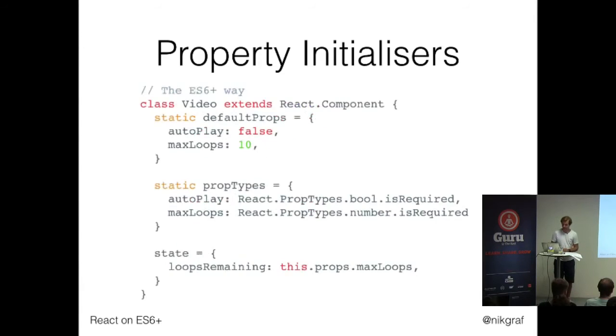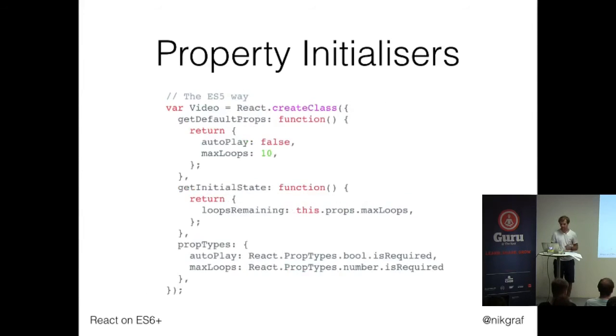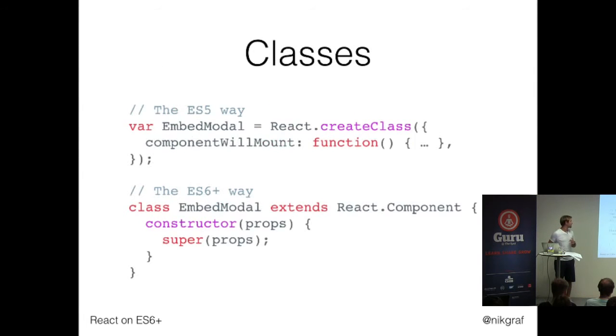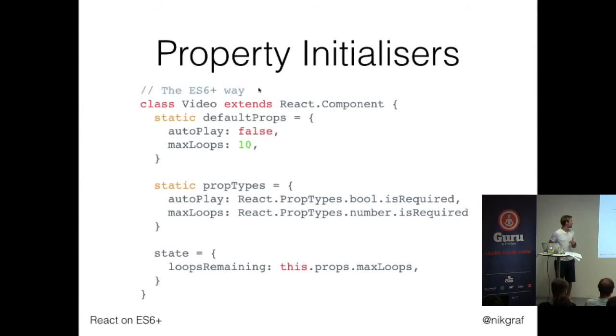And with ECMAScript 6, first of all, it becomes less code. And second of all, with property initializers, you can put properties directly onto that class, and eventually then the instance. So what you can do is, by the way, this is not ECMAScript 6, but this property. So classes are ECMAScript 6, but property initializers are already ECMAScript 7.